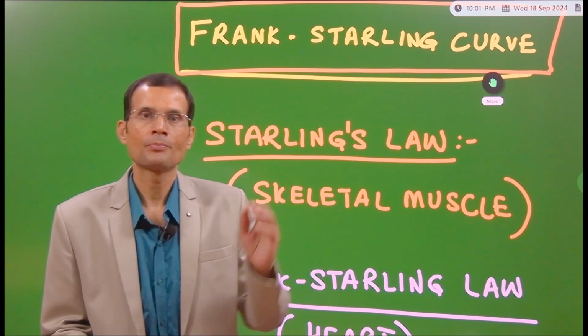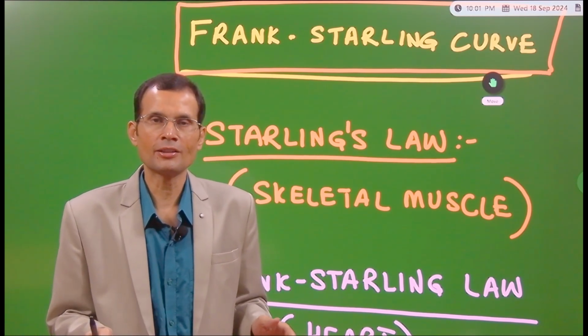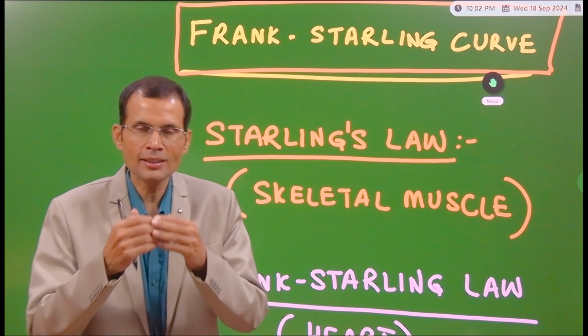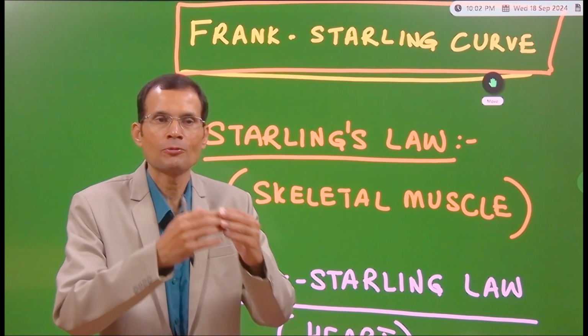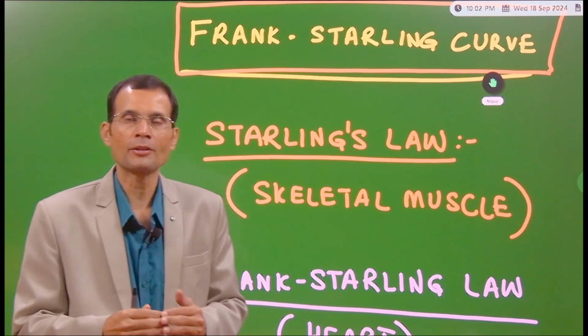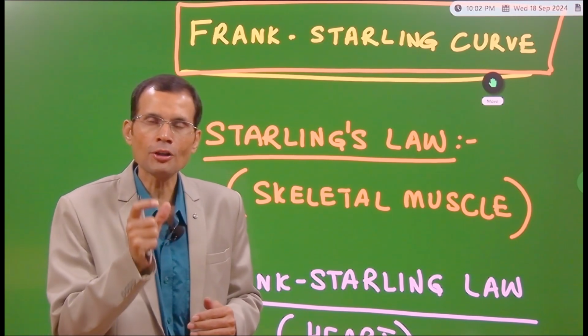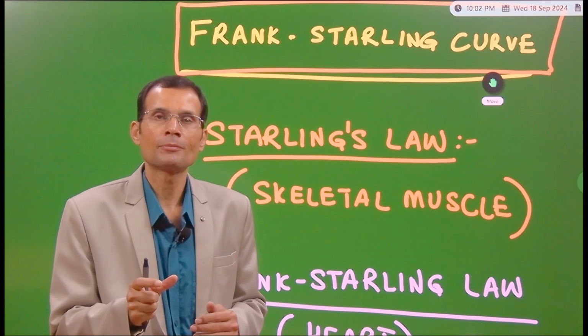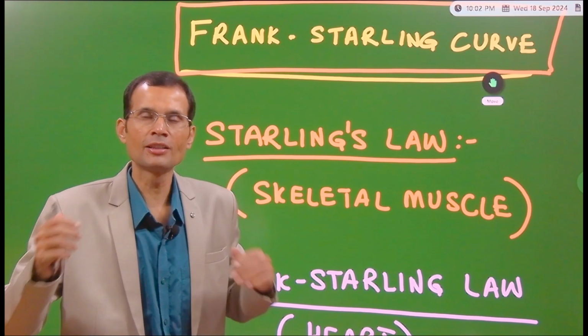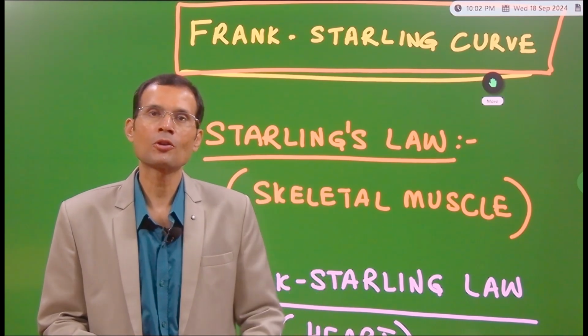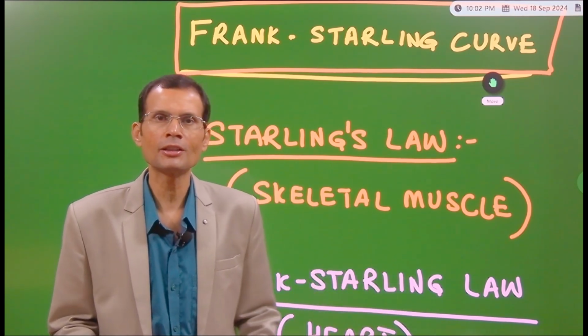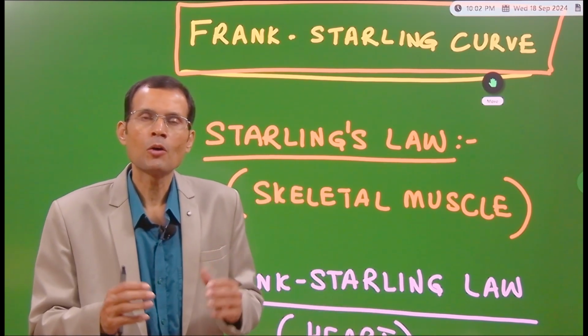What do you mean by initial length? When the muscle is beginning to contract, when the muscle is starting to contract, at that moment, what is the length of the muscle fiber? Greater that length, stronger will be the muscle contraction, of course within physiological limits. Why does that happen?